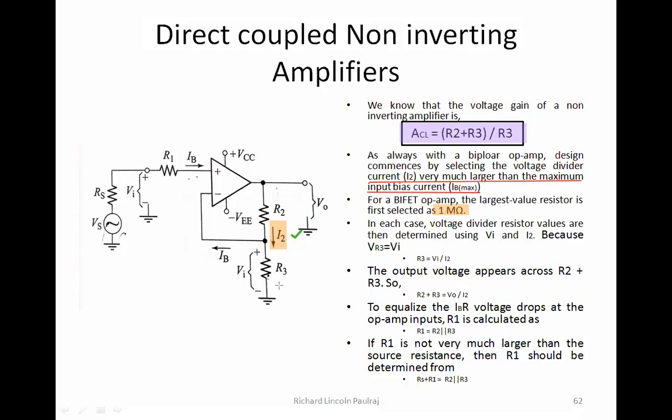So I will keep Vi, I2, R2, R3 in mind, and then either increase or decrease the resistances based on how much current needs to be generated. Determined using Vi and I2, because VR3, the voltage across the resistance R3, is also equal to Vi.